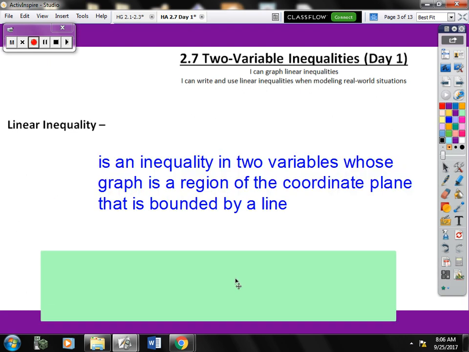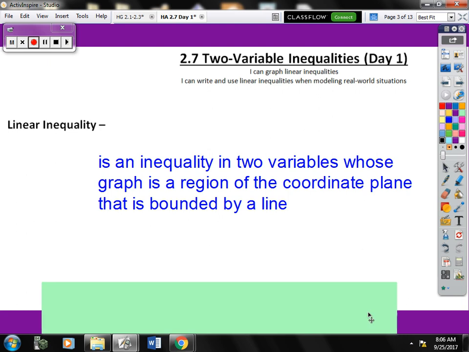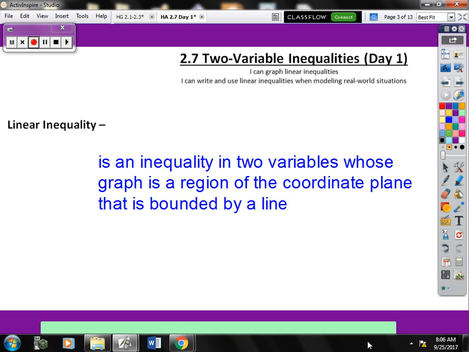So a linear inequality is just an inequality in two variables whose graph is a region of the coordinate plane that is bounded by a line.